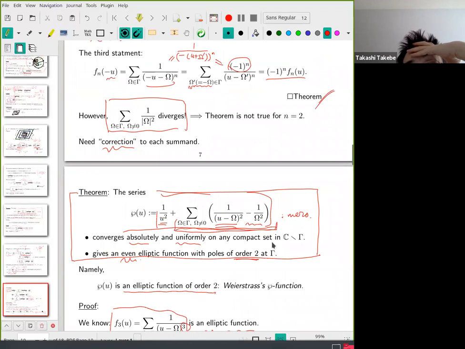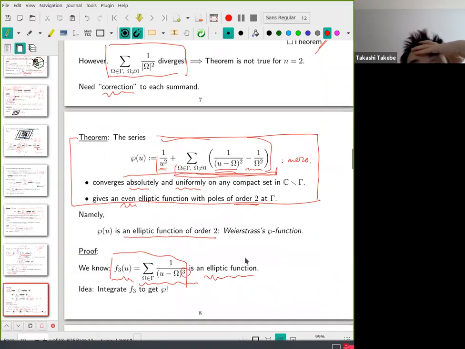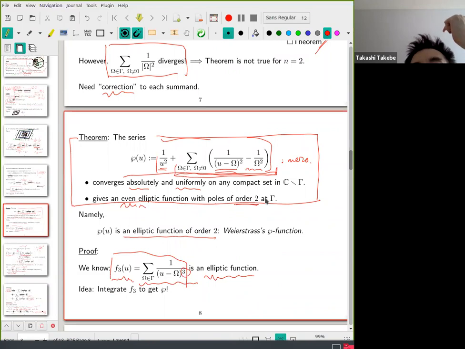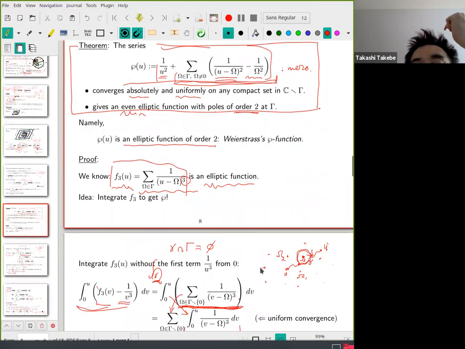Thus we have constructed an even elliptic function with poles of order 2 at each lattice point. Okay?